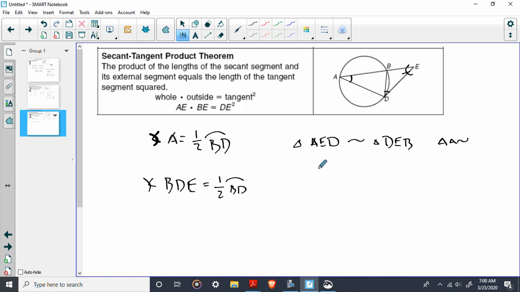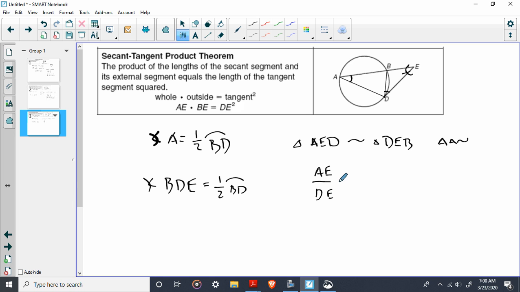So again, what are we going to say? We're going to say AE, that long side, this long side. So AE is to this shorter side, DE, for this big triangle, AED. So AE is to DE.